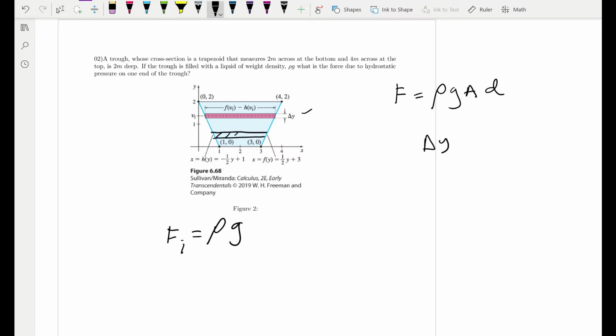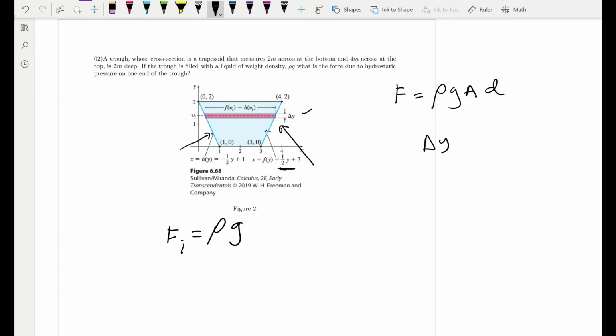If the slice is on the bottom, the length is small. If the slice is on the top, the length is large. So how do you find the length? It depends on the functions on the two sides of the trapezoid. They are given, so you just take the difference of the functions. That's the length.